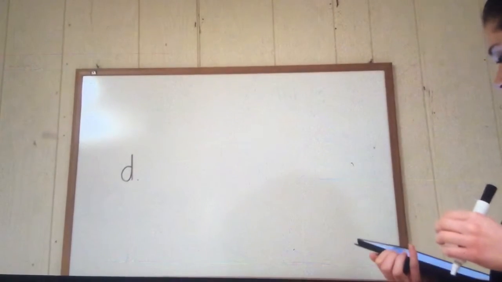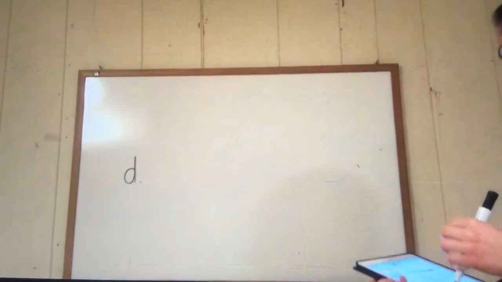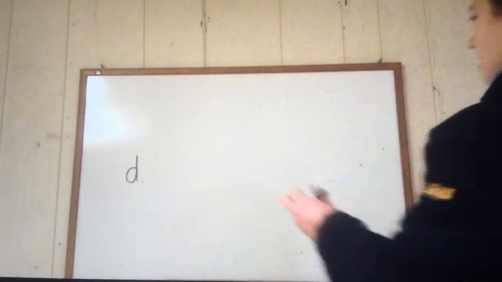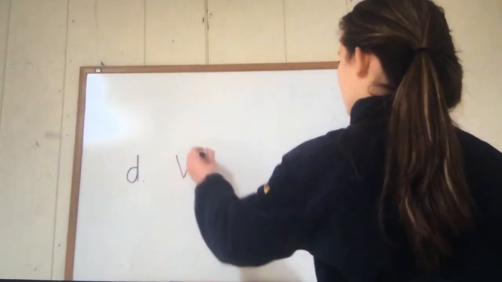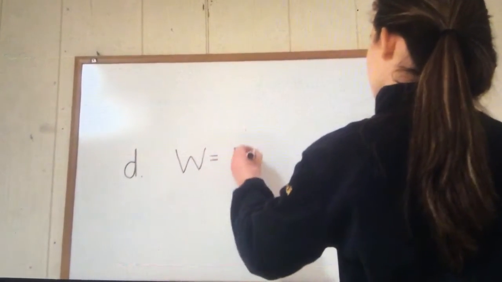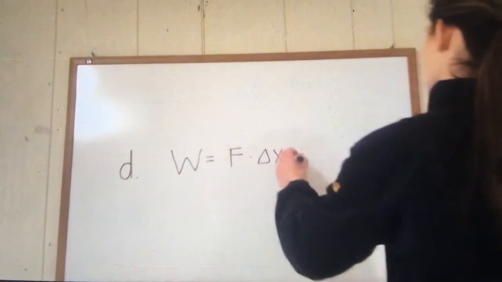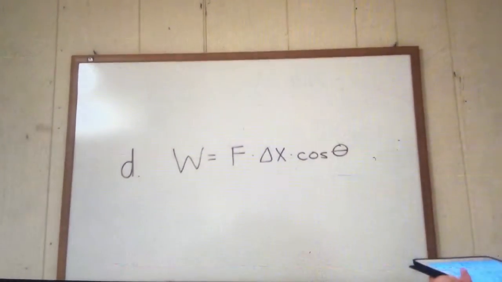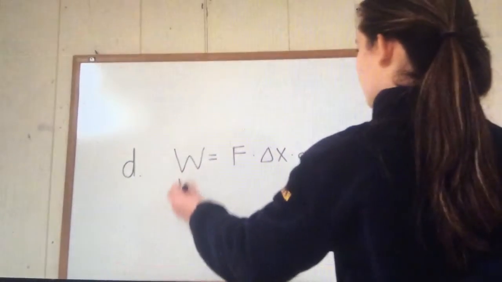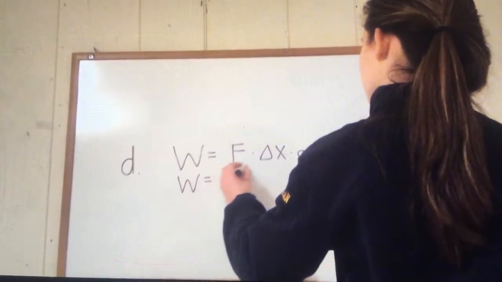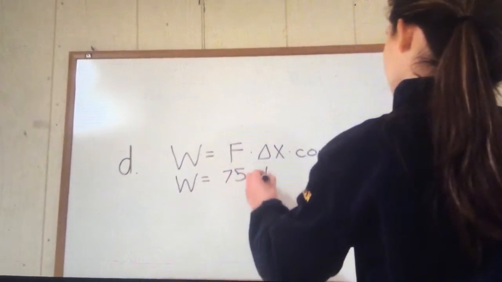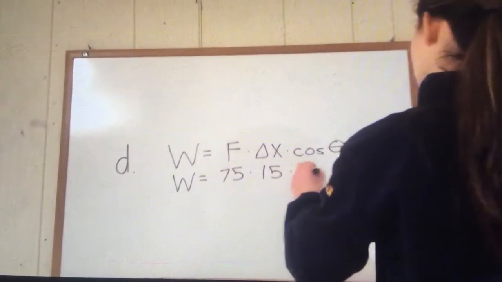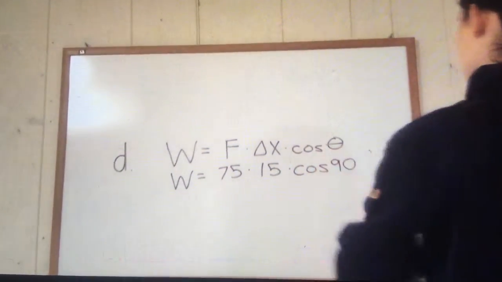To figure out how much work is done by the gravitational force, we will also use the work equation used before. Work is equal to force times displacement times cosine of theta. Now we will simply plug in our values from the problem. 75 times 15 times cosine of 90.